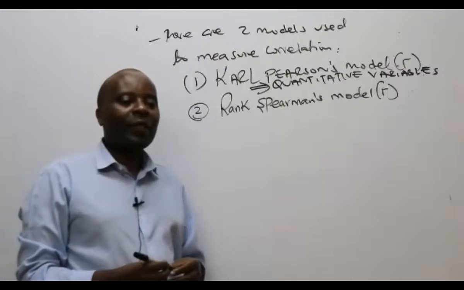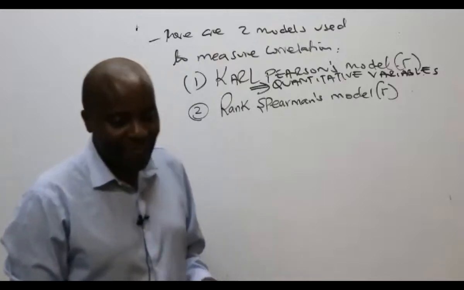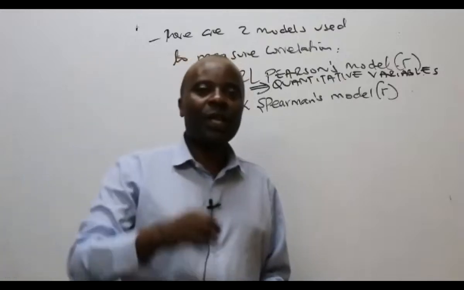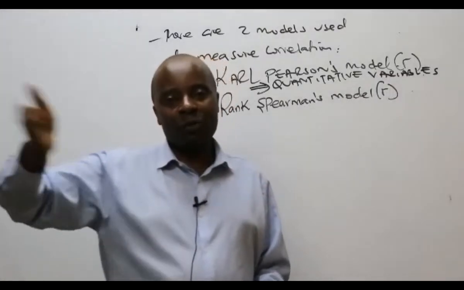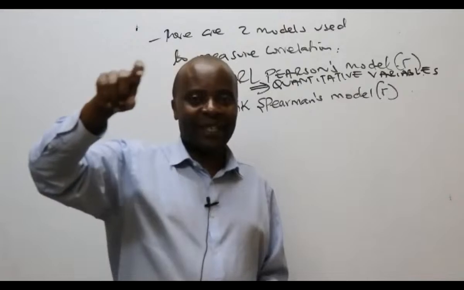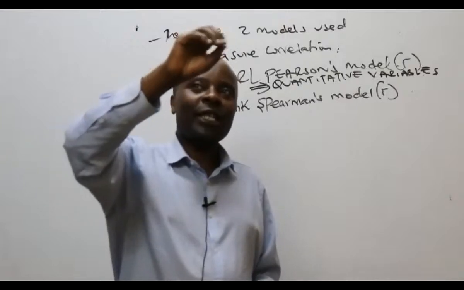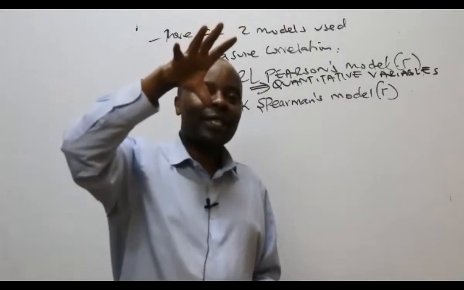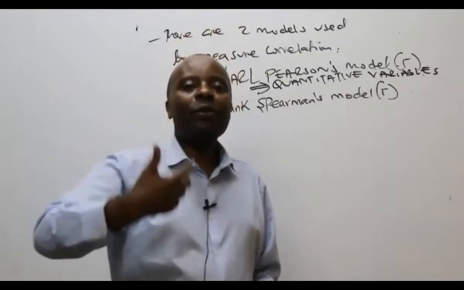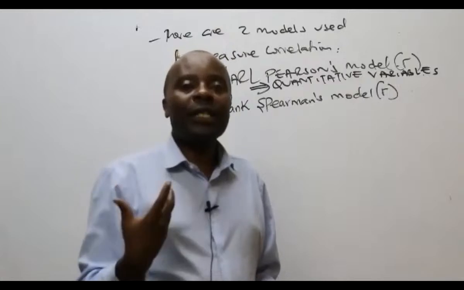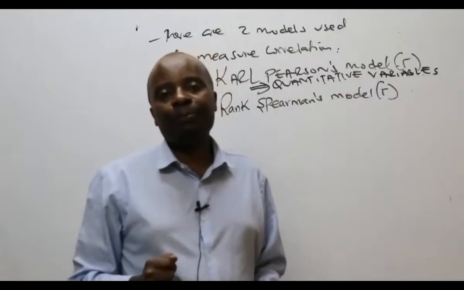If, for instance, I wanted to know how many students we have at RCM online classes, I'll just log into the Zoom meetings you have with your teachers, and then I'll be able to count. Number of students is a quantitative variable, a variable whose values I'll be able to get through counting.